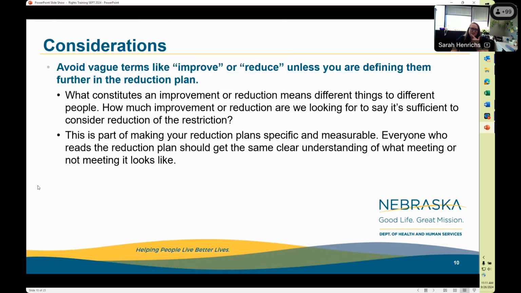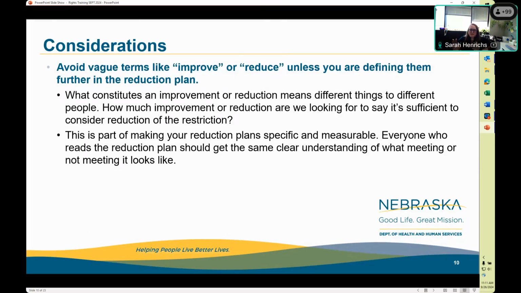Another consideration, and I've touched on this a bit, it goes to that specific element. Please avoid vague terms like improve or reduce unless you're defining them further in your reduction plan. Because what constitutes an improvement or a reduction means different things to different people.